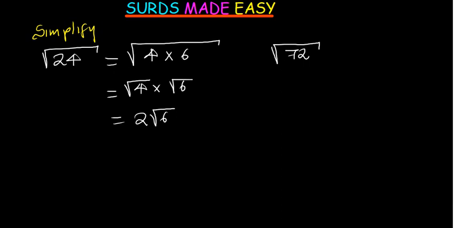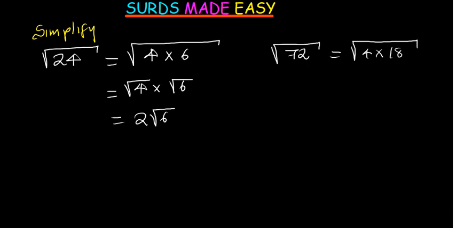Can 4 go into 72? How many times? It can go there 18 times. So that means the square root of 72 is the same as the square root of 4 times 18. But if you check again, 18 can also be split.